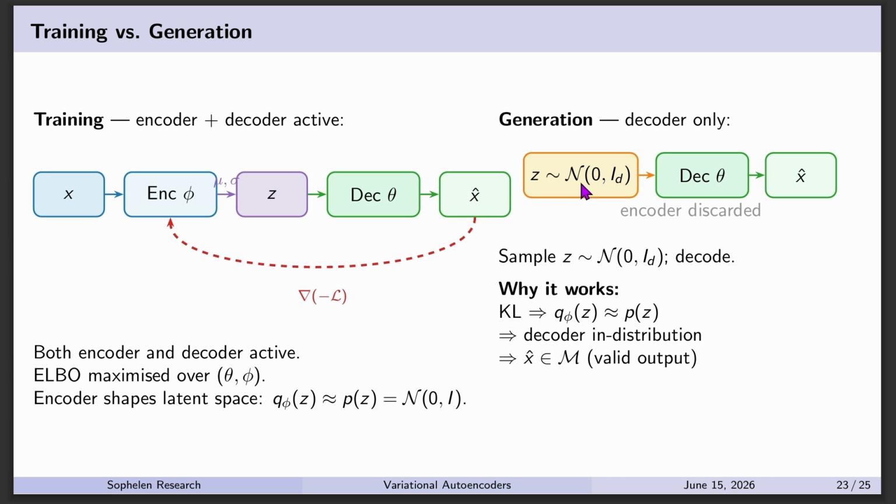Furthermore, you can create images that never existed in your training data. So if your training data consists of 1,000 faces of people, now the decoder can construct a brand new face that wasn't in the training data, and that face would still make sense. Okay, which is pretty darn cool.